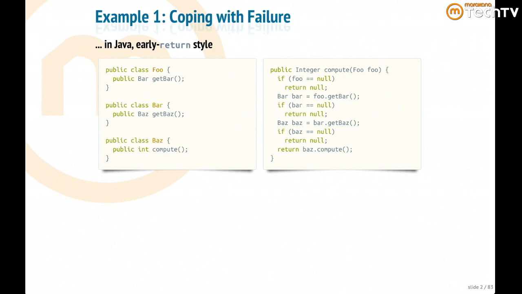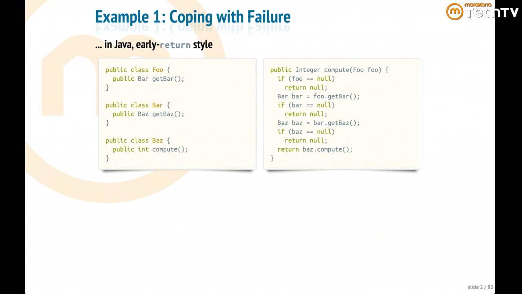On the right-hand side, you see the typical strategy for coping with the possibility of null, or failed computations, or failed intermediate computations: you check for null. So you say if foo equals null, then let's break out early and return null. Otherwise, we keep going. If the bar that we get from foo.getBar is null, then again, we break out early, and so on.